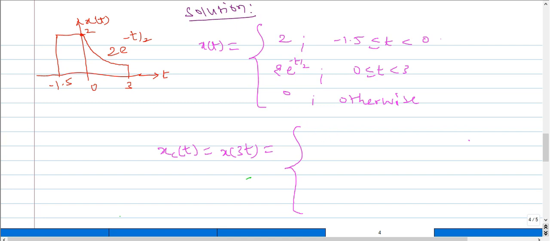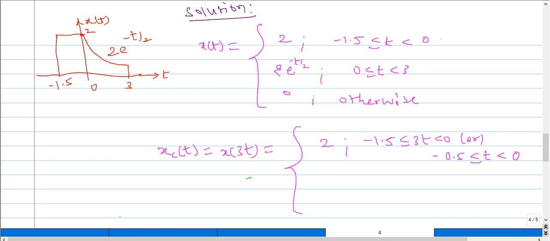So it will be 2 when 3t is between -1.5 and 0. So if 3t is between -1.5 and 0, t will be between -0.5 and 0.